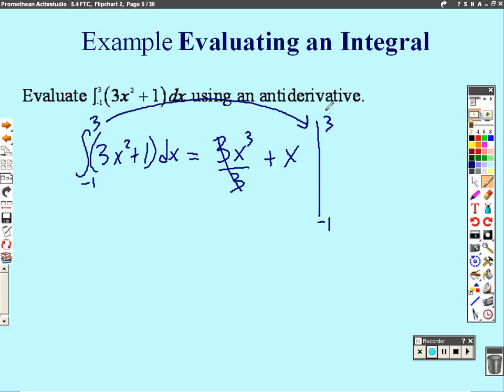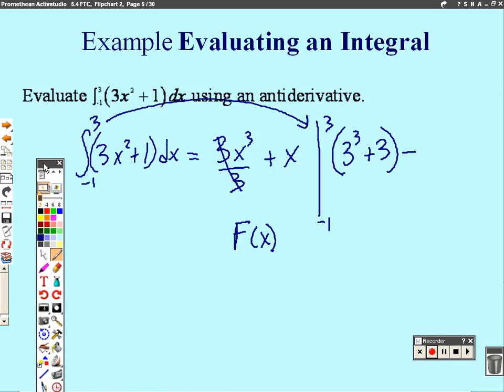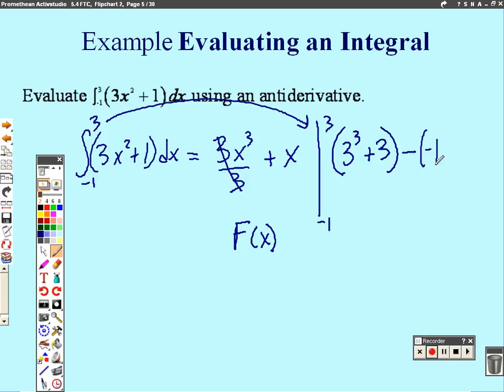I'm going to take my 3, I'm going to plug it into my function, because this is really big F of x right here, right? So I'm going to plug 3 into my function, and it's going to become 3 cubed plus 3. So I plug 3 into the whole function, minus, now I'm going to plug in -1, and that's going to be -1, the quantity cubed, plus -1.